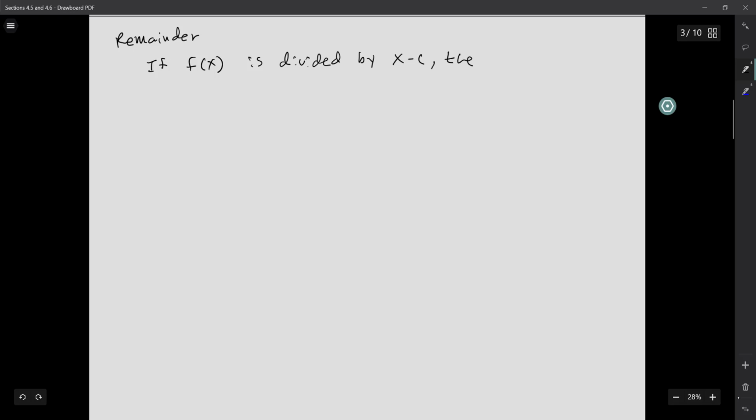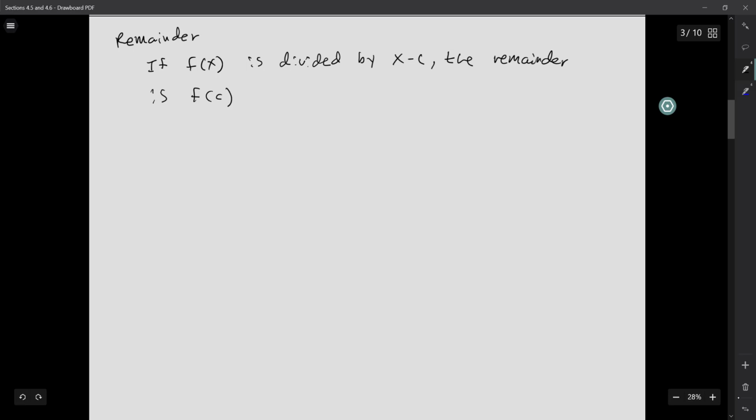Well, this gives us a remainder theorem, which goes back to our facts with roots and factors, how they mean the same thing. If f of x, a polynomial function, is divided by a factor x minus c, the remainder is f of c.